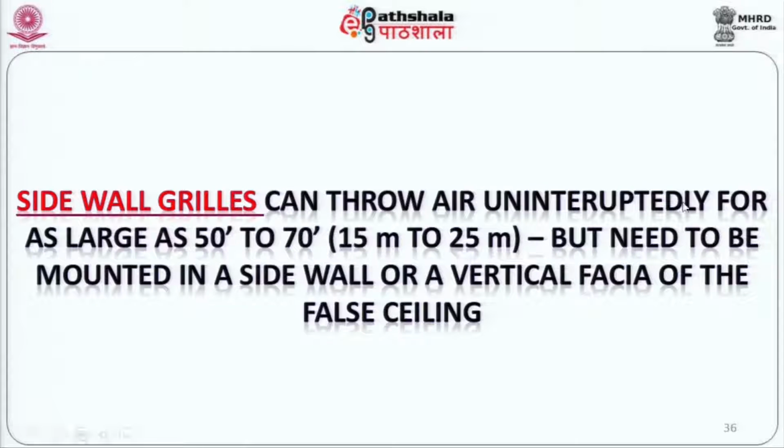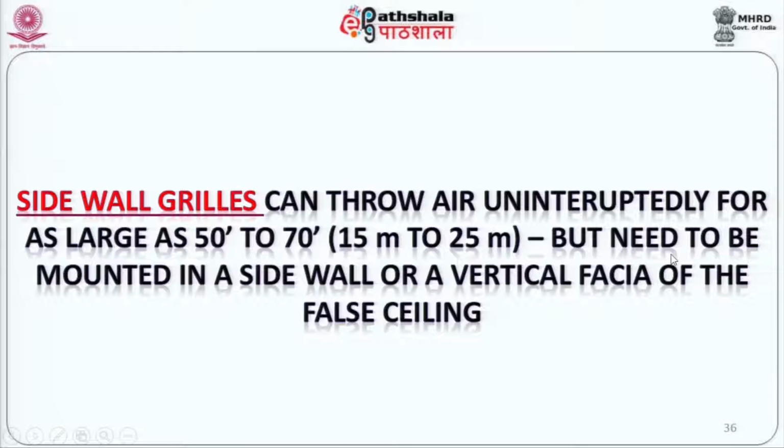If there are banners, if there are beams in the way, obviously the air will not be allowed to travel its entire length and it will get diverted by the projection. So as long as the flow of air is uninterrupted, it will travel its length without any nuisance value.